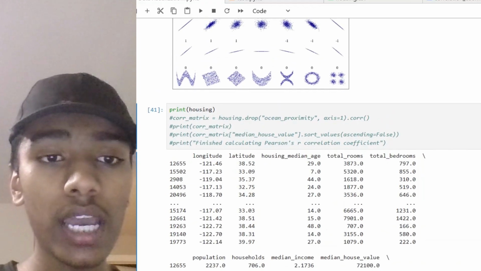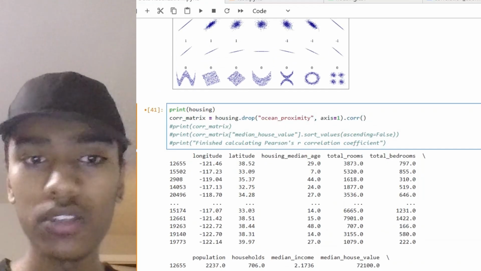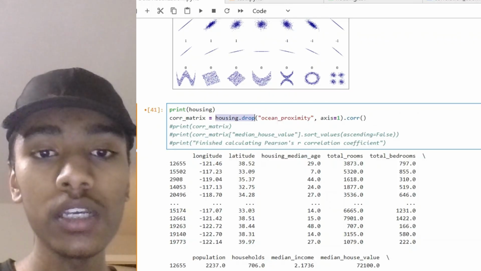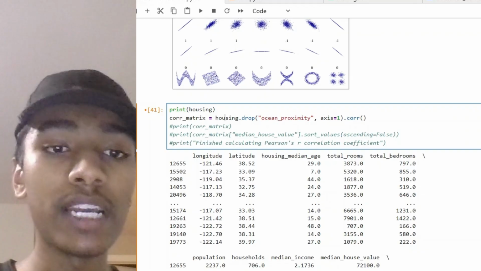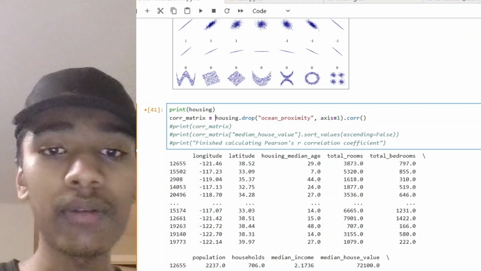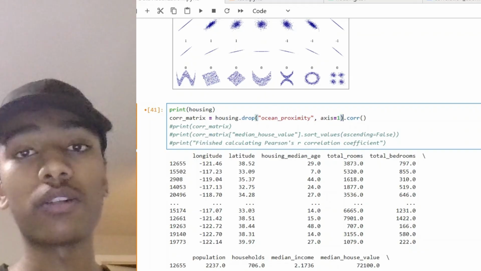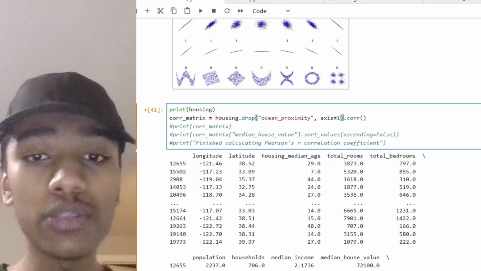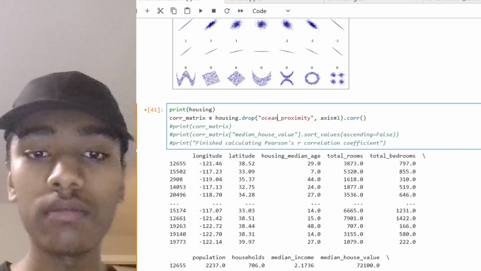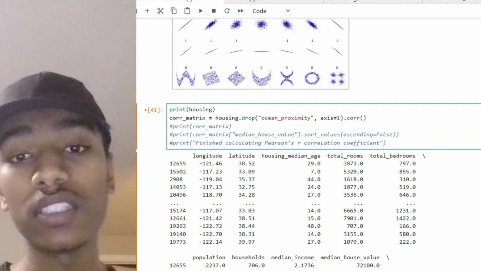So let's go ahead now and run this function here. So let's take a look at this. We have our housing dot drop. So what we first did was we removed the ocean proximity from our matrix. And the reason for that was obviously because this particular correlation coefficient only measures the correlation between numerical attributes. So we removed that particular column from our housing data frame.